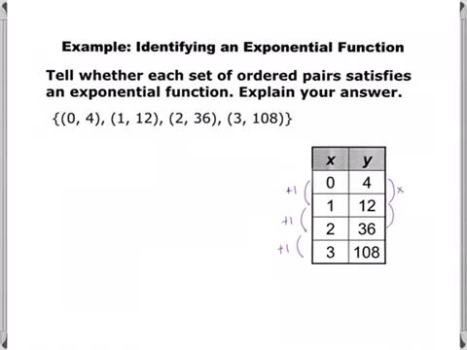Or we could be multiplying by 3. 4 times 3 is 12. 12 times 3 is 36, so that works. And 36 times 3 is 108. So our pattern here is that we're multiplying by 3. So that means that this is definitely an exponential function.